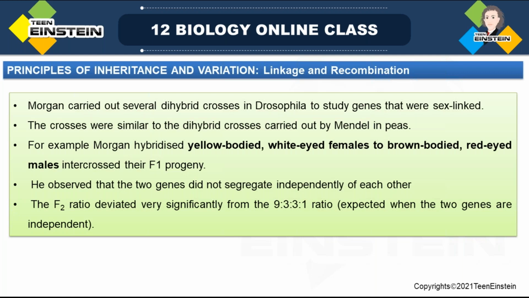For example, Morgan first hybridized yellow-bodied, white-eyed females, so the females had a yellow body and white eye, with males that had a brown body and red eye.